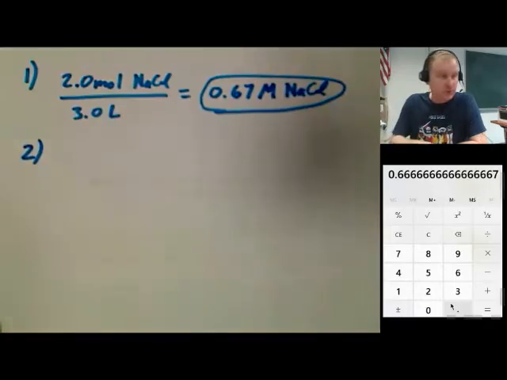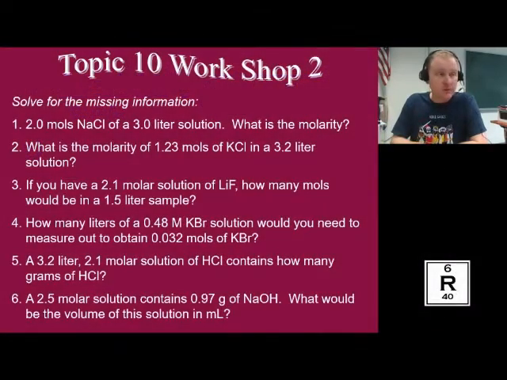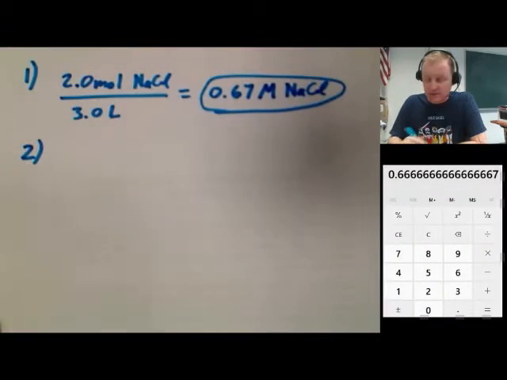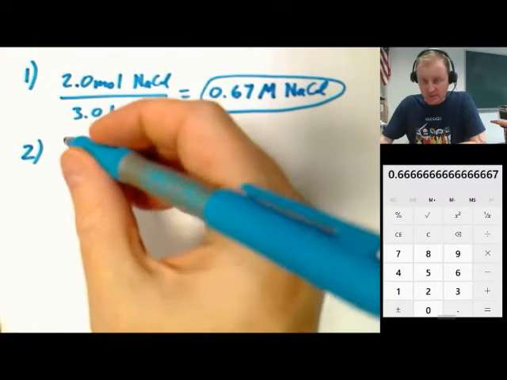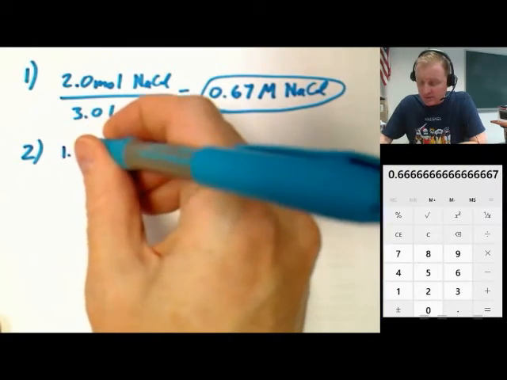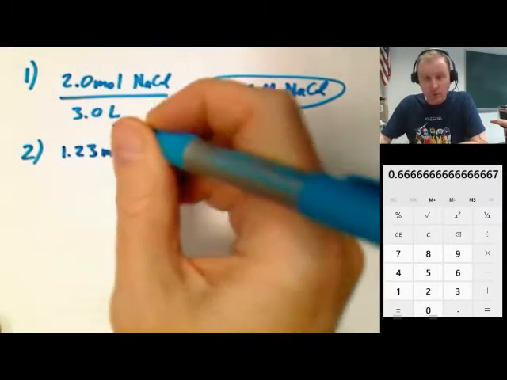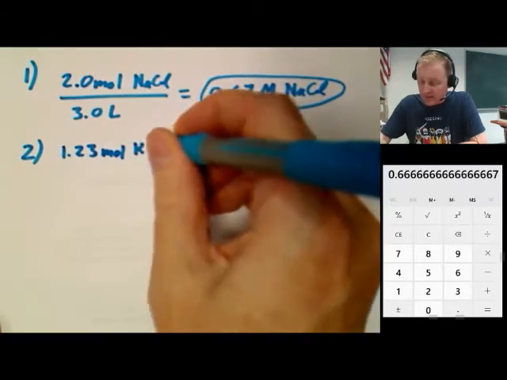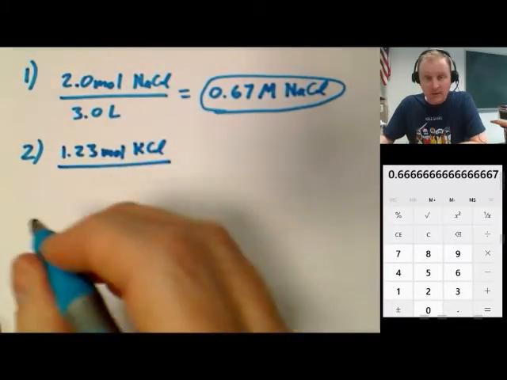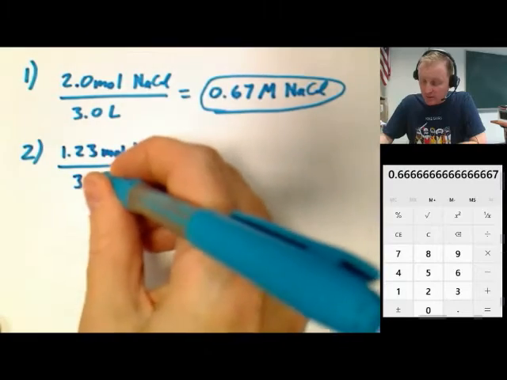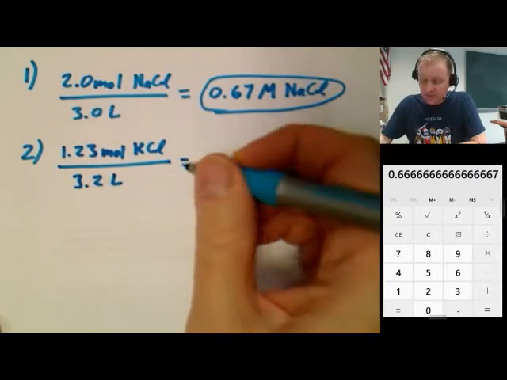Number two is very much like number one. What's the molarity of a solution that has 1.23 moles of potassium chloride in a 3.2 liter solution?